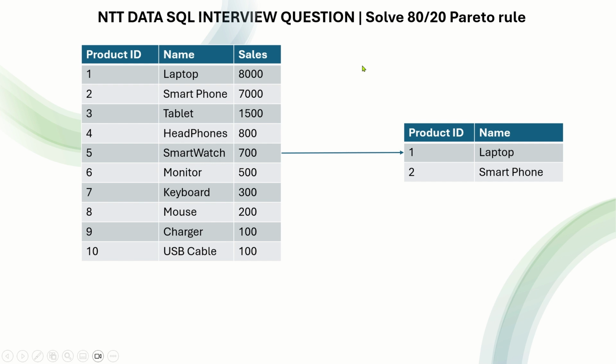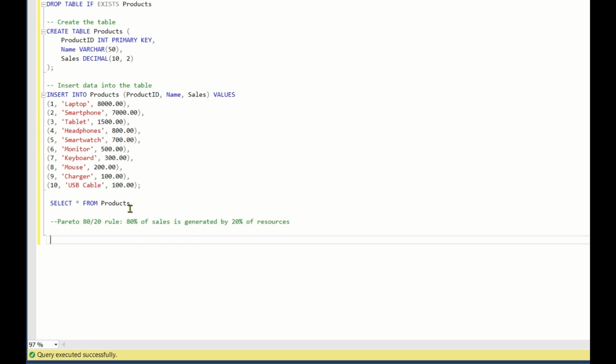Now let's go back to SQL Server Studio and see how to solve this. This is the data. We have the product ID, name and sales columns in the products table, with IDs from 1 to 10, and names like laptop, smartphone, tablet, headphones and so on, and the sales for each product.